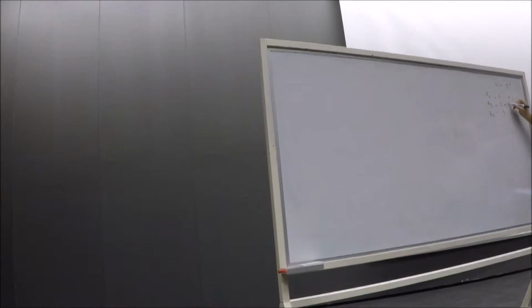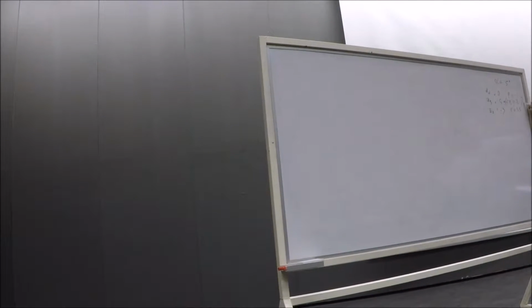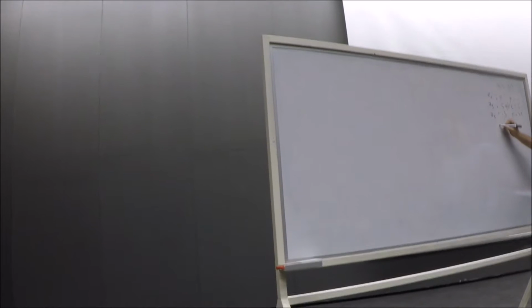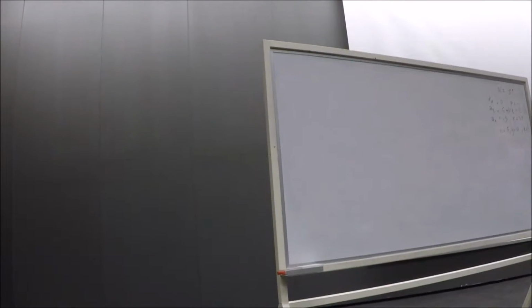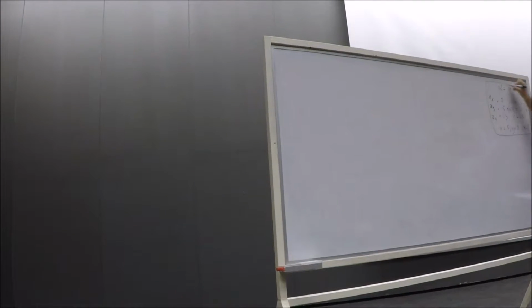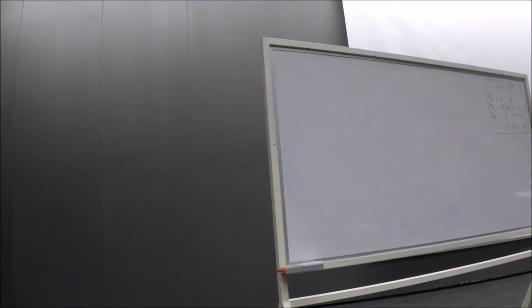This is meter second squared. This is degrees per second. And then we have the location of the accelerometer pack, which is 5, 0, 1. Okay, so this is the data for the question.